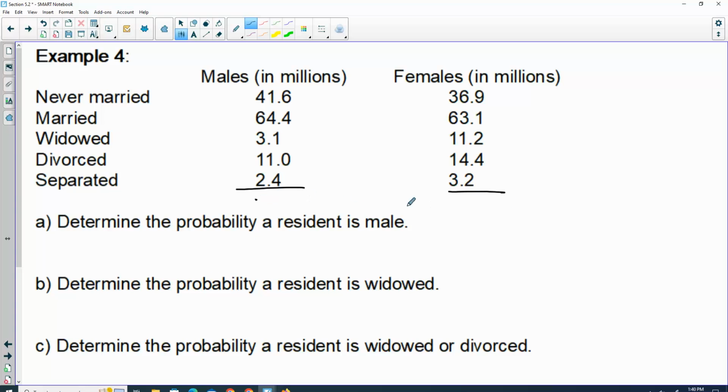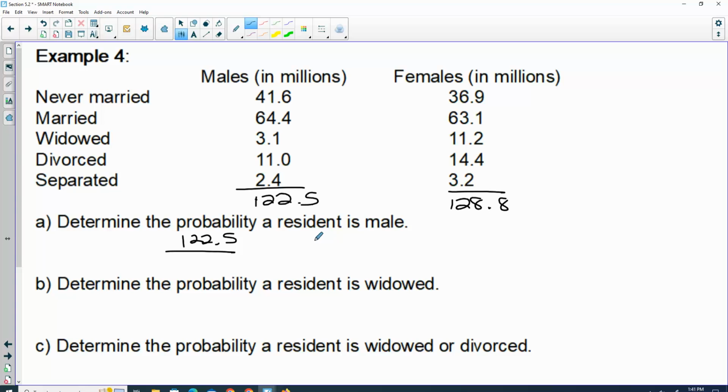Females, you said 128.8? And males. So if I want the probability of being a male, there are 122.5 males out of what?